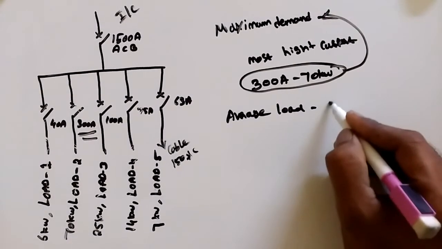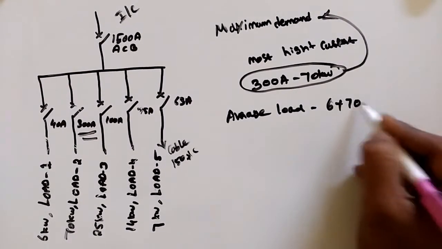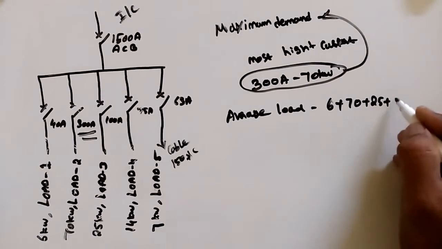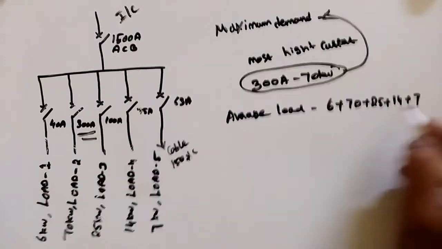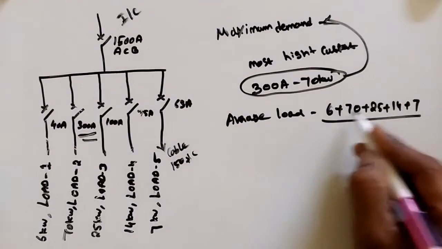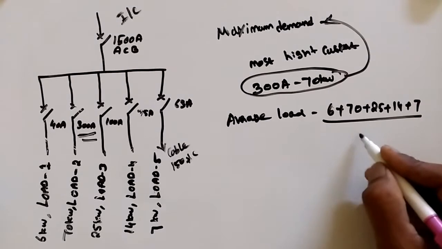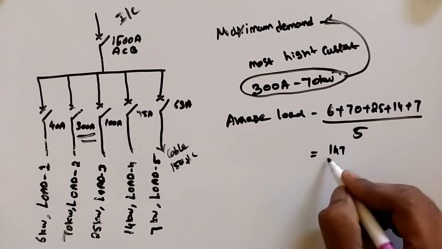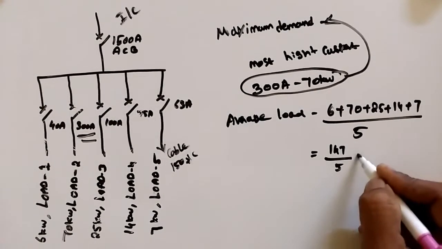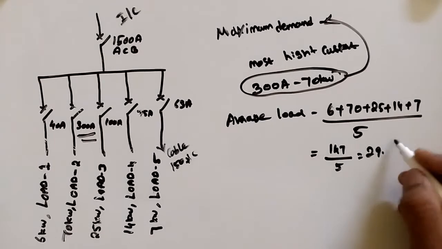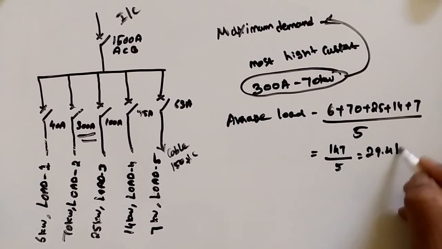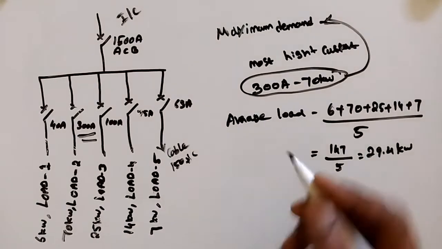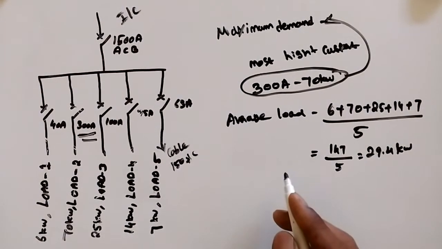So 6 plus 70 plus 25 plus 14 plus 7, divided by 5, that means 147 divided by 5, it is 29.4 kilowatts. This is the average load.